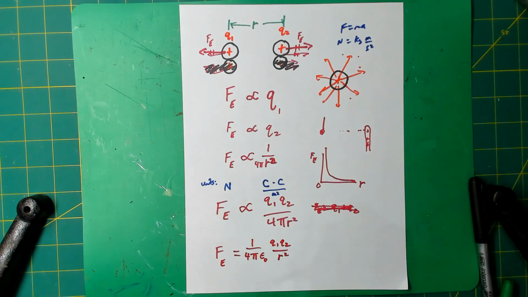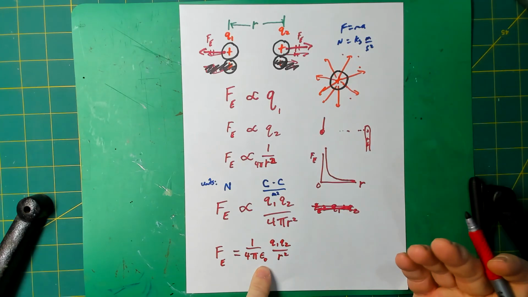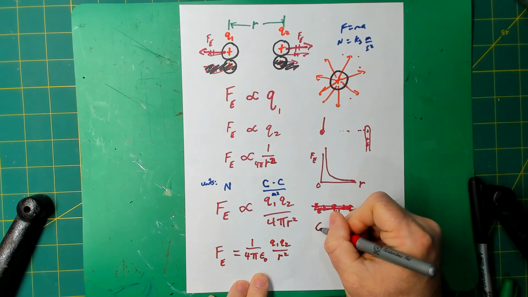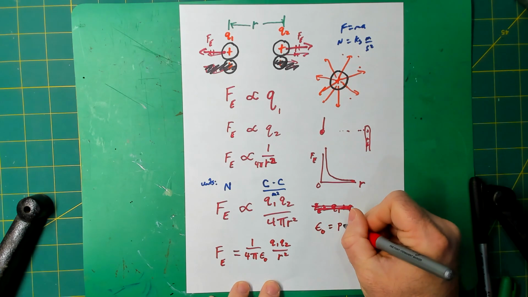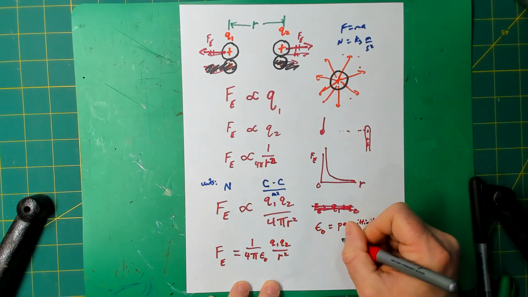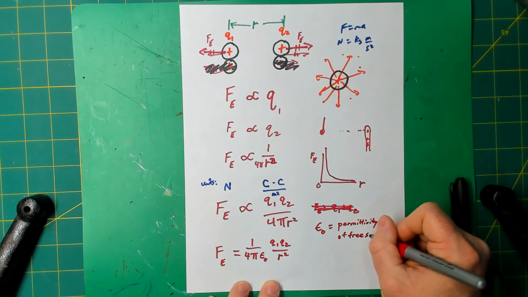All right. So what's this epsilon naught? Epsilon is a Greek letter. This is a lowercase Greek letter epsilon. It's kind of like a Greek letter E, right? But it's a lowercase one. In this case, epsilon naught is called the permittivity of free space, or vacuum permittivity.